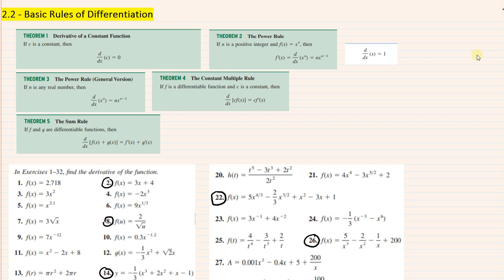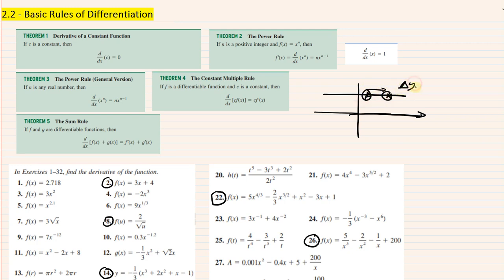The first theorem, Theorem 1, tells us that the derivative of a constant function is 0. And you can kind of see why that is the case. Let me draw something real quick here. Let's say I have a constant function. For that constant function, if you look at the change in y over change in x, there is no change in y as you go from one point to the next point.